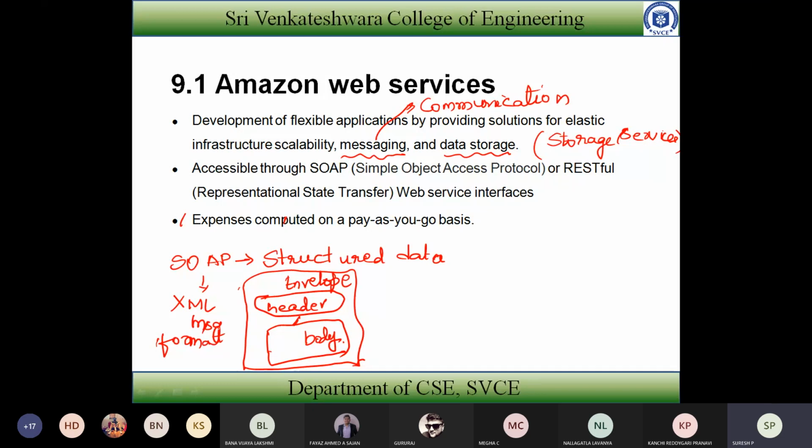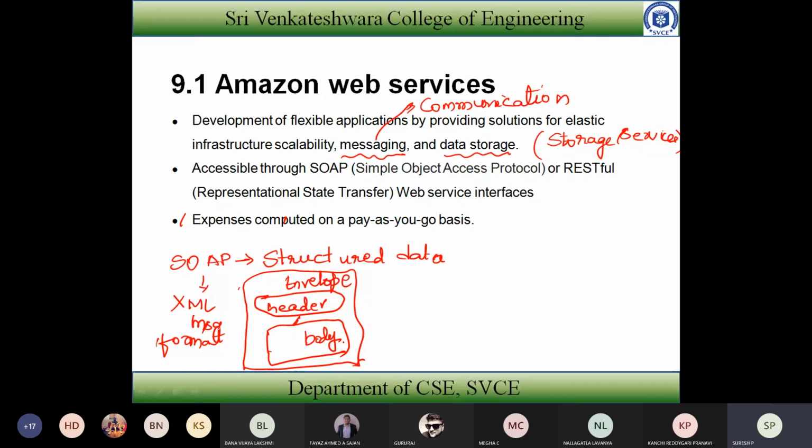Mainly, in which protocol is it going to work? The web services will run on the top layer, right? So whatever access you are going to have will be relying on the application layer protocol.